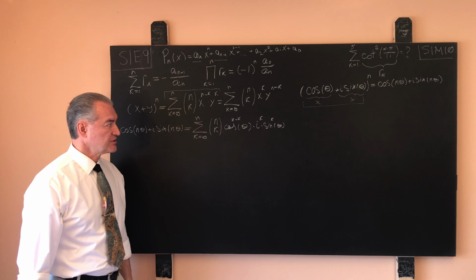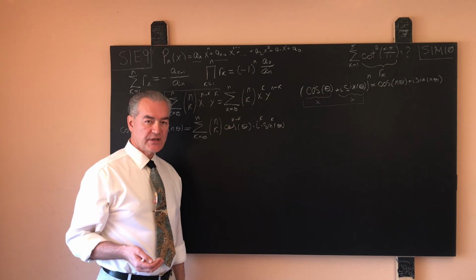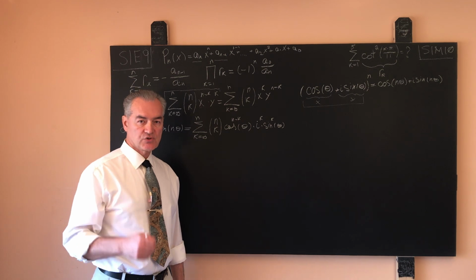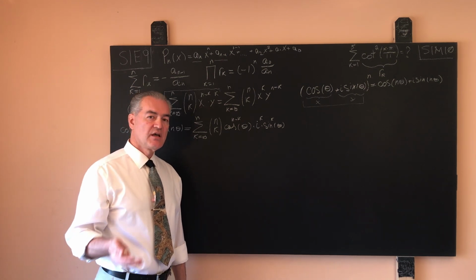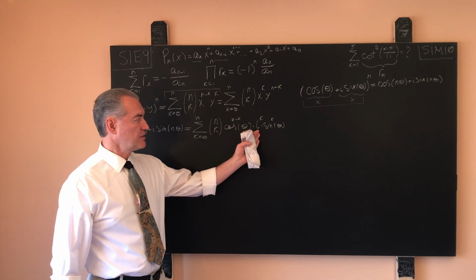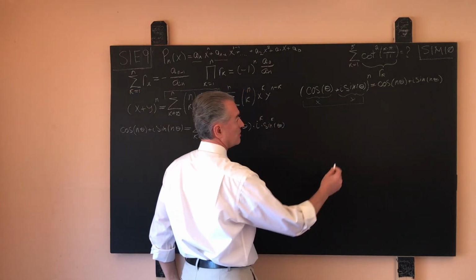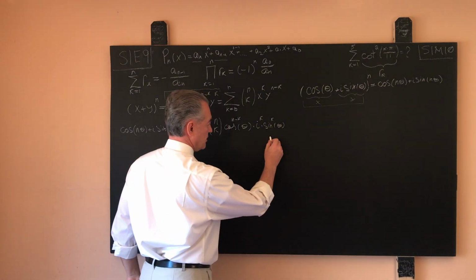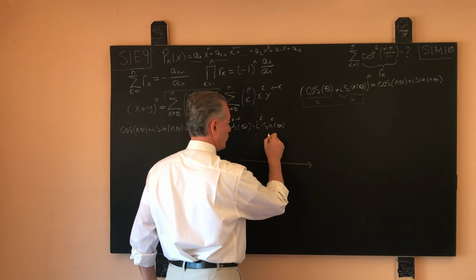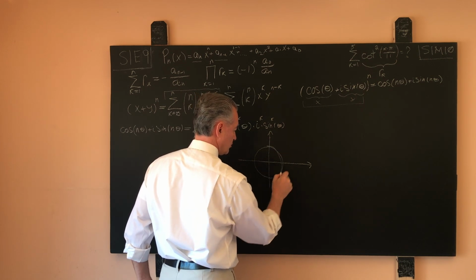Here the situation is not particularly difficult if we recall that to every complex number there corresponds a unique point in the complex plane, and conversely, to every point in the complex plane there corresponds a unique complex number. In this case, the complex number I geometrically can be represented as a point on the origin-centered unit circle.